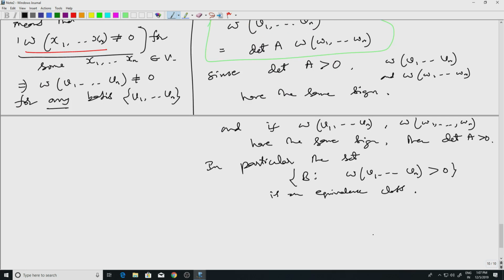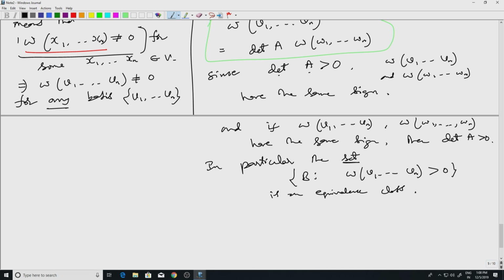Because if you have any two bases B1 and B2 inside this particular set, then we have seen that the determinant is positive. So that means that this set is contained in an equivalence class.